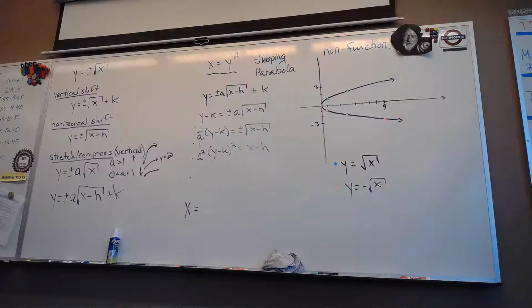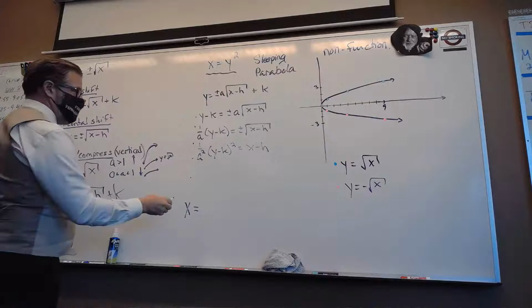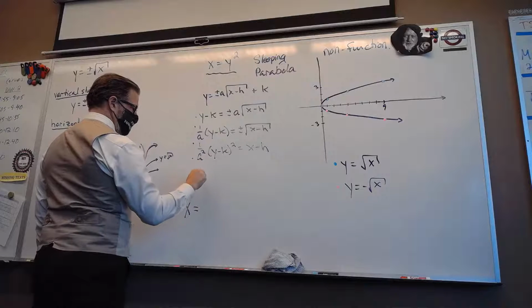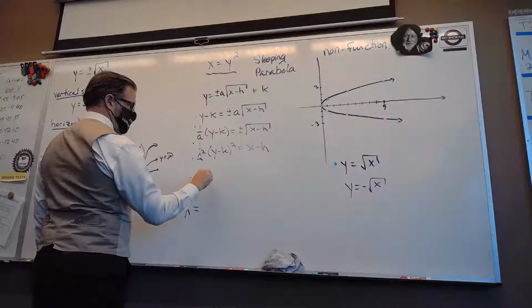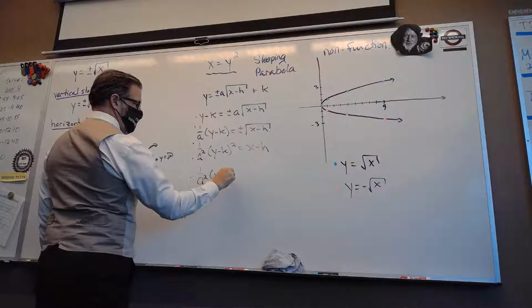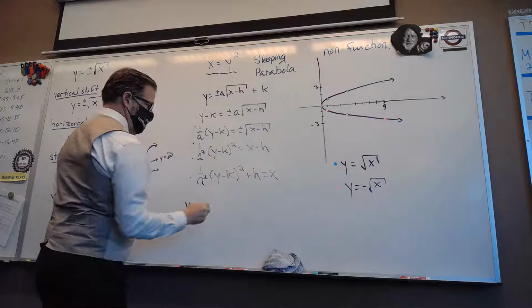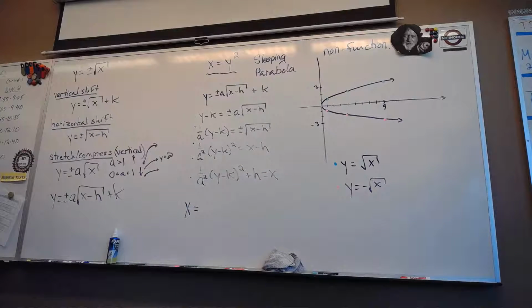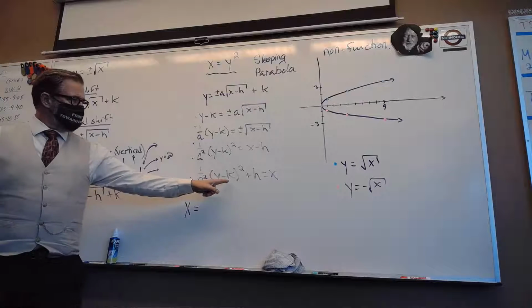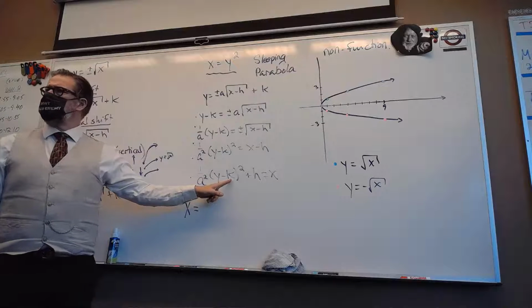Now what? Add h. Add h to both sides. x equals 1 over a squared, y minus k squared, plus h. What's k?